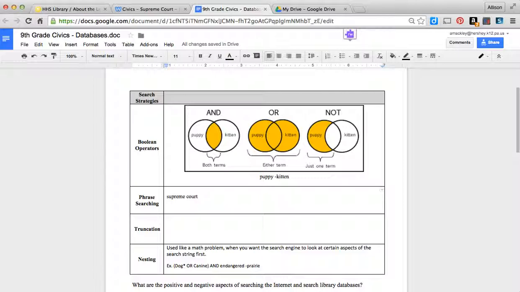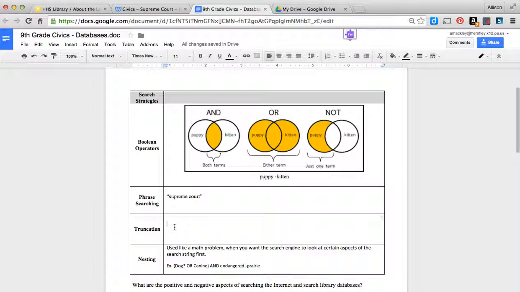But as you go through your results, some of them will just have the word Supreme. Some of them will just have the word court. You want both of those words to be found together. So what you'll do is put quotation marks around it in the search bar. When you do that, Google knows to search for those two words together in a document. And you can use that for any phrase.